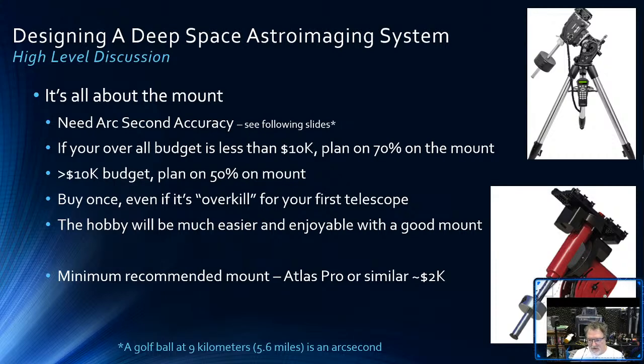But the mount should be the first thing you pick and the most important thing, because your hobby is going to be so much easier and so much more enjoyable if you're not fighting the mount to get good tracking and to get round stars, to get good guiding. It's just so much more enjoyable with a quality mount.